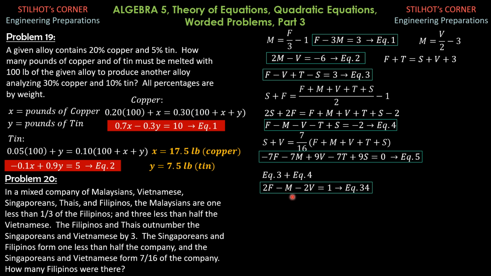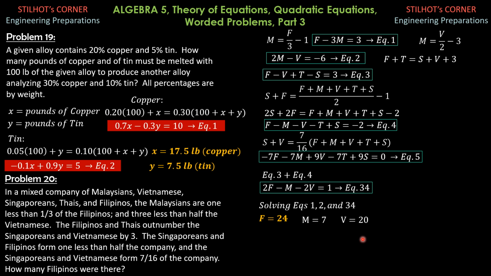Call that equation 3,4. We can now solve simultaneously equations 1, 2, and 3,4. After we solve these, we get the number of Filipinos equals 24, the number of Malaysians 7, the number of Vietnamese 20.